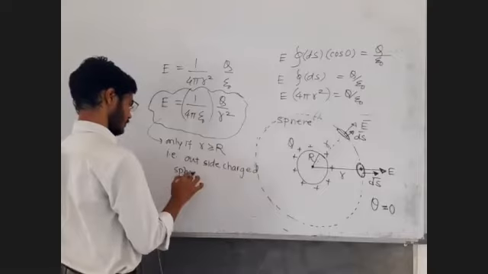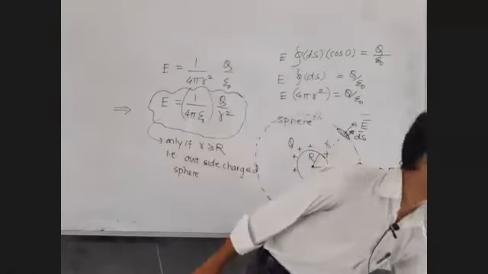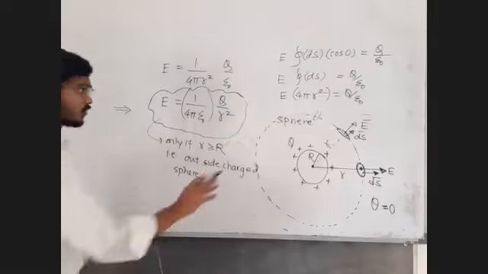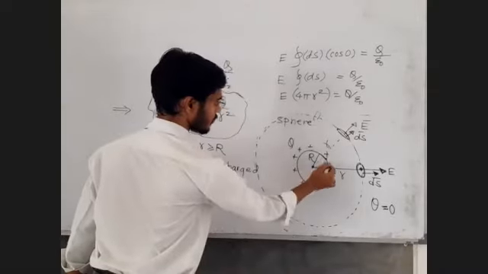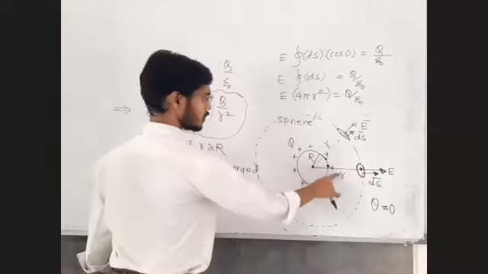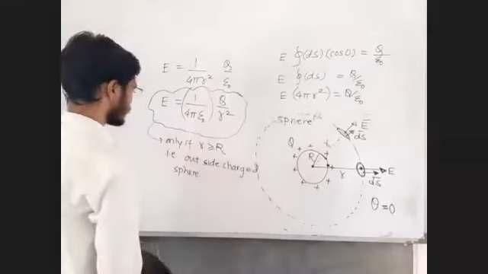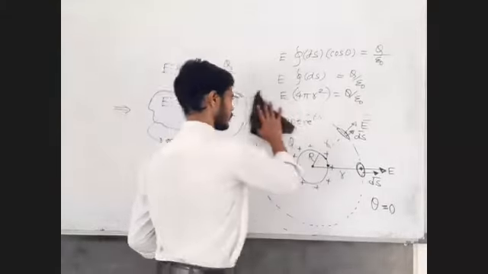It is applicable on the surface, that is okay. For the surface, put the value of small r equal to capital R and you will get the answer. But it is not applicable inside the conducting sphere. Why? Let's see.